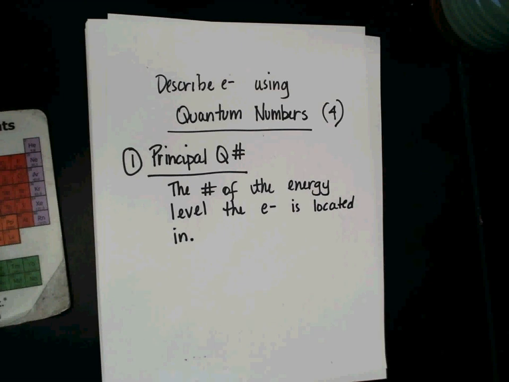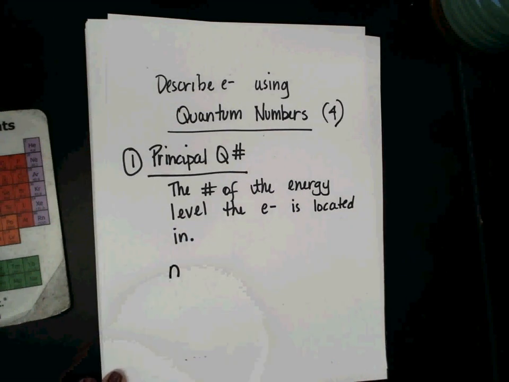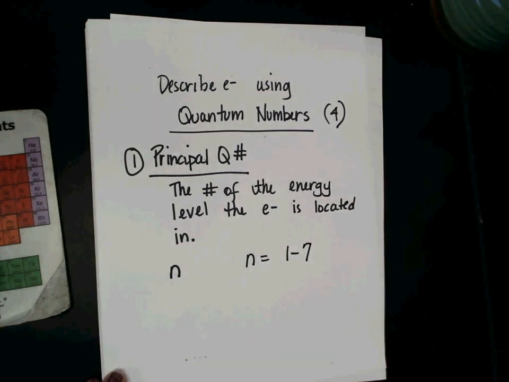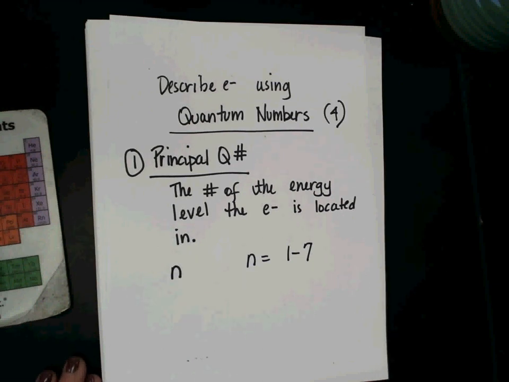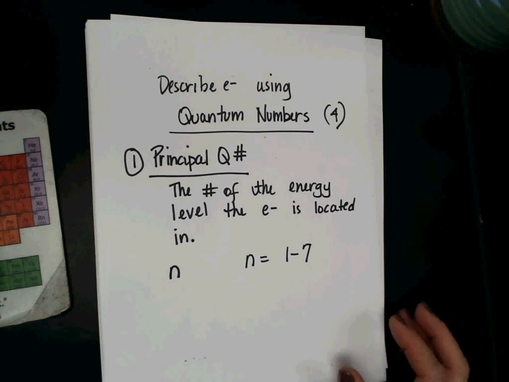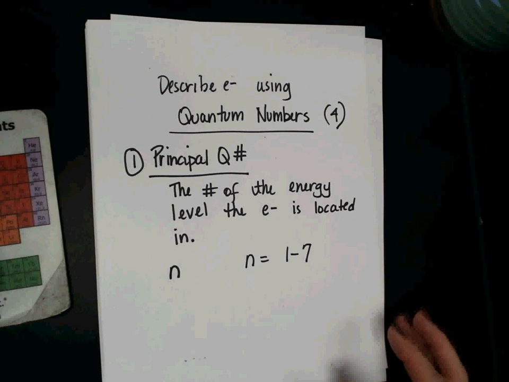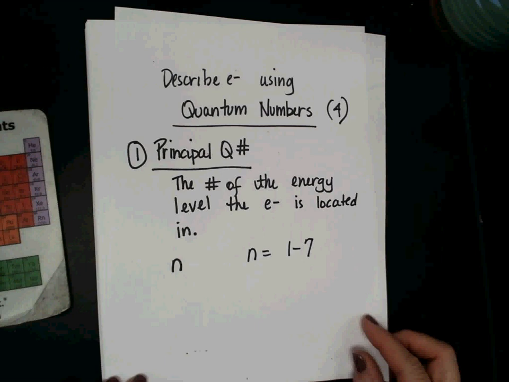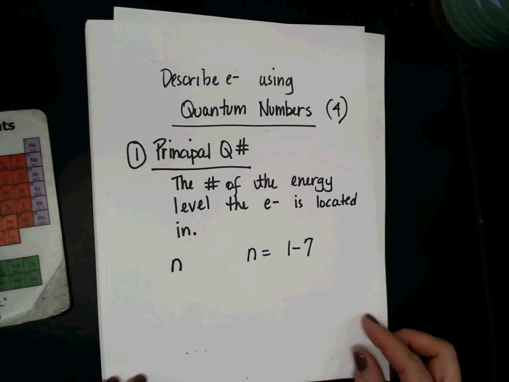What's the symbol for energy level? Do you remember? If you don't, flip back and look. We wrote it down already. It's a letter. Yes. N. It is N. So this is represented by N. And we will say that N for you guys is going to equal 1 to 7. So we're going to only work up to 7 energy levels. It really could go to infinity. We don't really know. We don't know if we've discovered everything we need to discover or we can discover yet. So that's the first one that we're going to be concerned with, principal quantum number, and that's just the energy level.